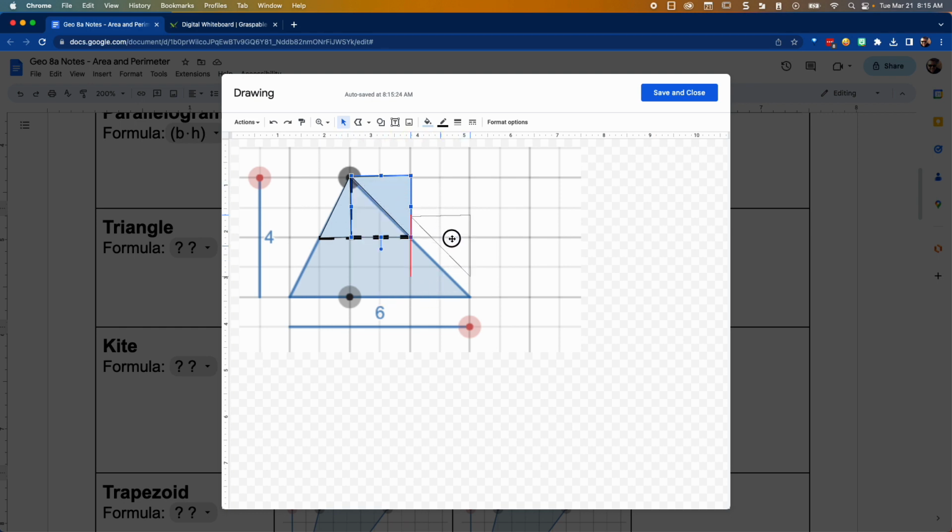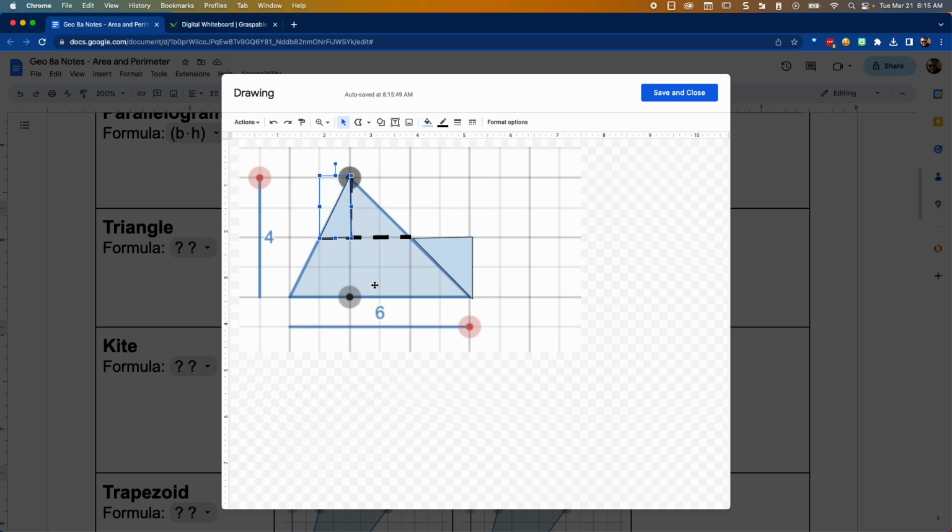So I'm going to rotate it 180 degrees and then move it down here. I'm going to do the same thing with this one. I'm going to rotate it 180 degrees and move it down there. And so what I notice is that I took these two top pieces off as if they're gone now, and they're reshaped down into the bottom.